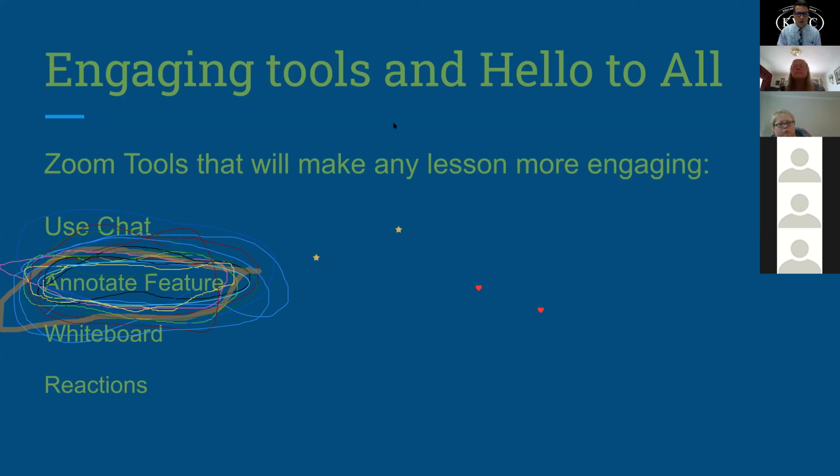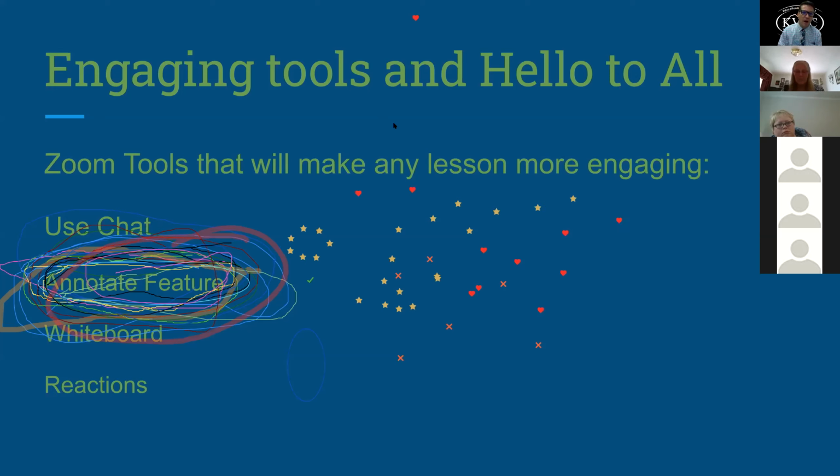So we're throwing some hearts up there, throwing some stars up there, throwing some check marks. And then if you'll notice back to the left, there's a text box. If you switch your tool to text box, it will bring up a keyboard, and you'll be able to write some words in.